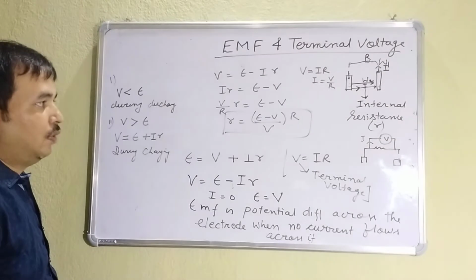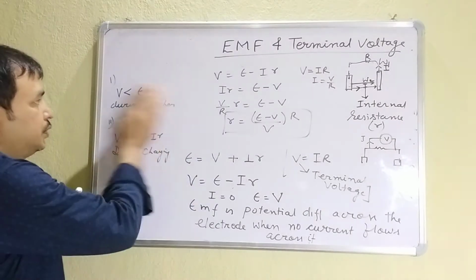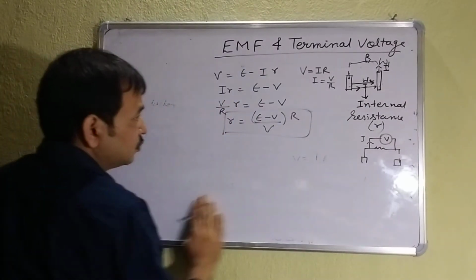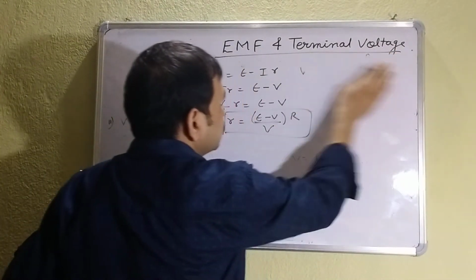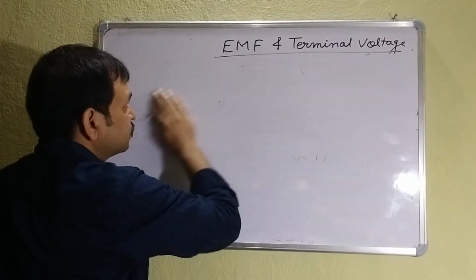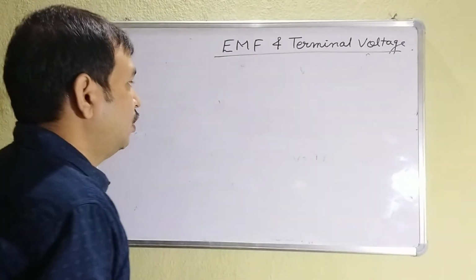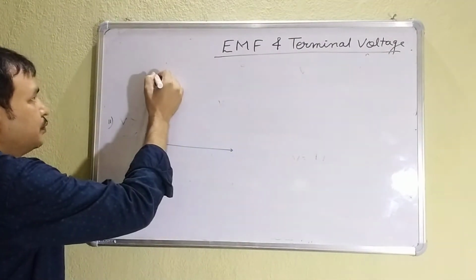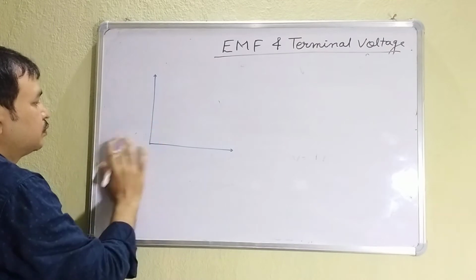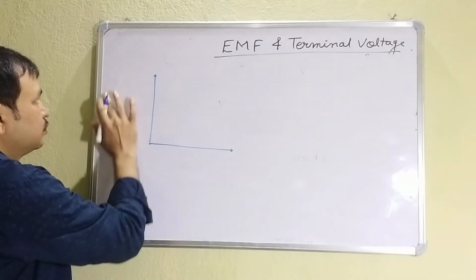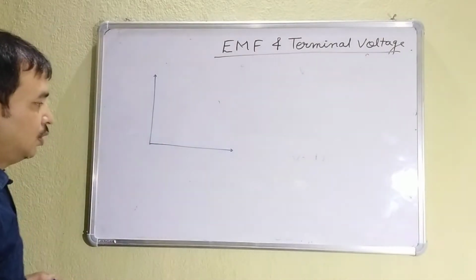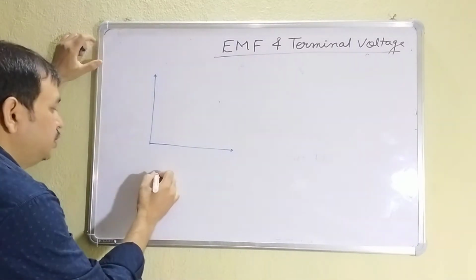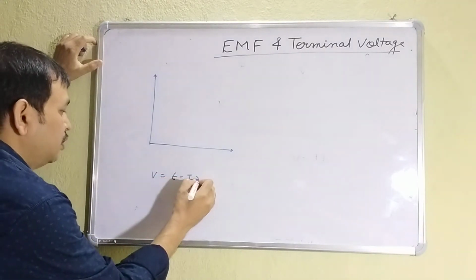Now we will draw some graphs related to this. Now first the graph between EMF and external resistance. We have V is equal to E minus Ir.